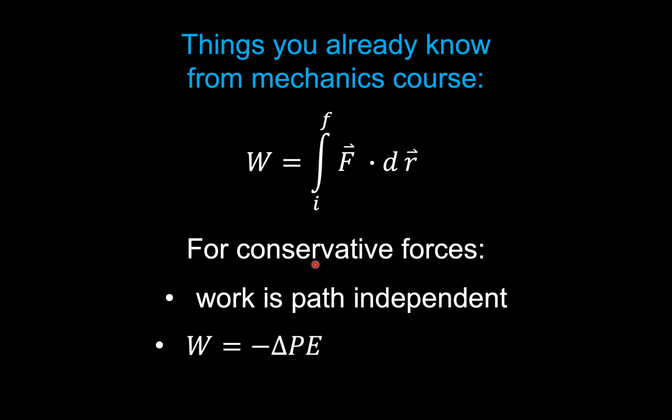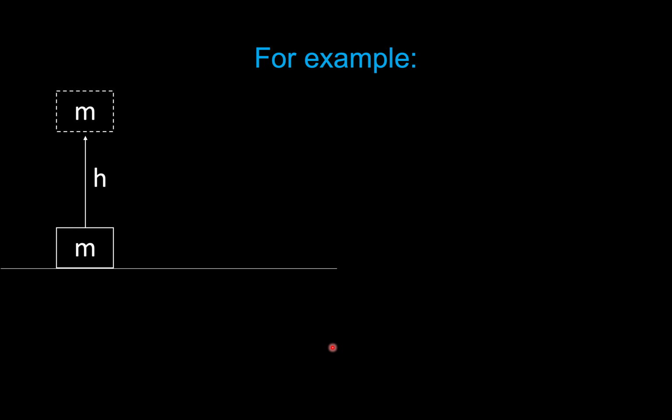Also, for conservative forces, we know that work is equal to the opposite of the change in potential energy. And that, I think, maybe is best illustrated by just a simple example here. So if we take a mass here that's at the level of ground, we'll consider this to be height 0, and it's moved up to a height h.